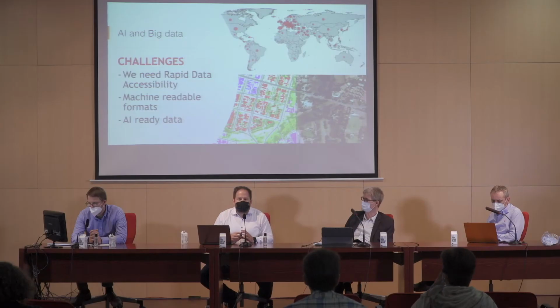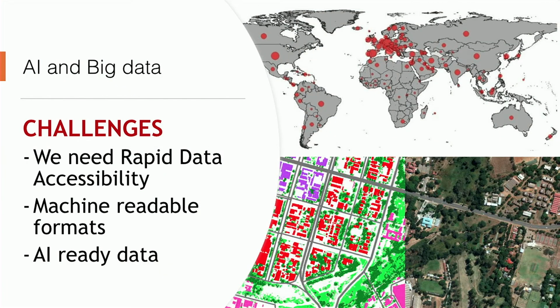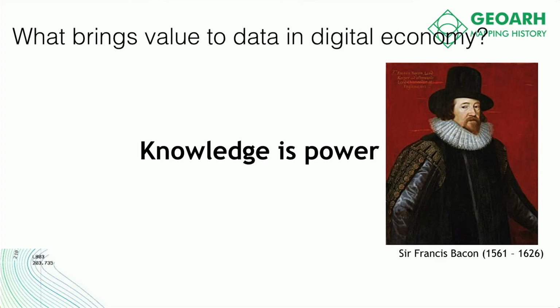It's also that AI needs AI-ready data, which is not always the same as machine-readable. So there are also specific formats that the data need to be formatted in for it to be used in geospatial AI applications.